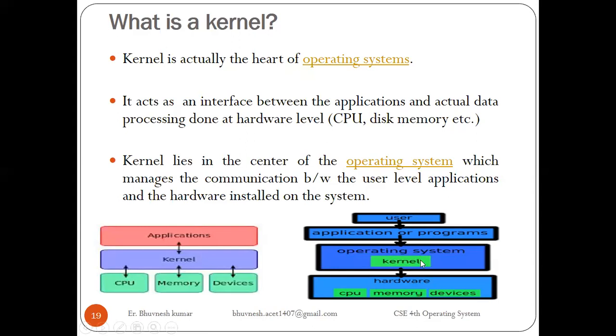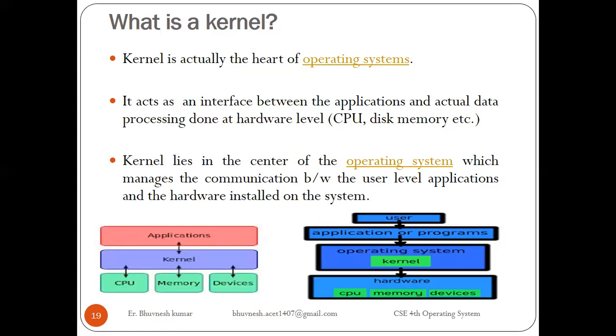This is an operating system, your Windows. In any type of operating system, there is a kernel, and the kernel lies in the center of the operating system, which manages the communication between the user level application and the hardware installed on the system. If there is any request from your application to your hardware, who will take it? Kernel will take it from your application and forward it to the hardware.